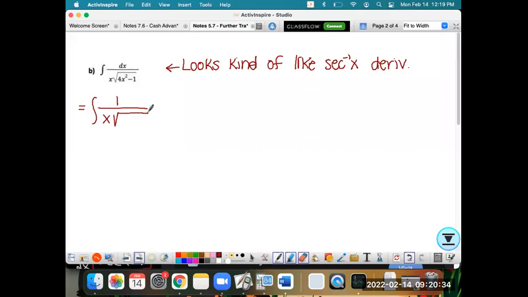If I rearrange that first term to be 2x and that entire quantity squared, then I would have a good u sub there. Let u equal 2x and du over dx equals 2.